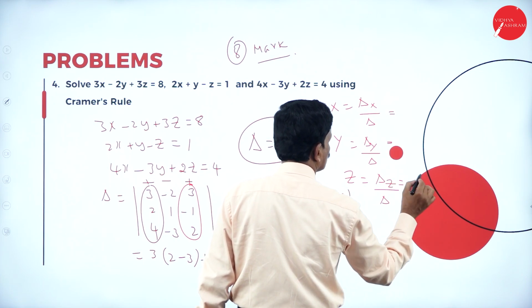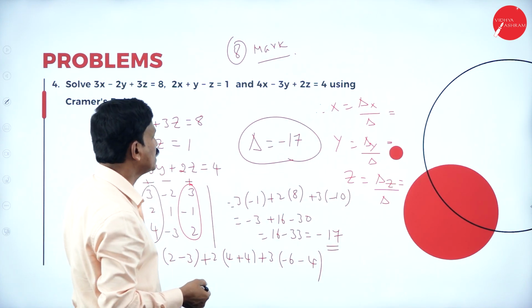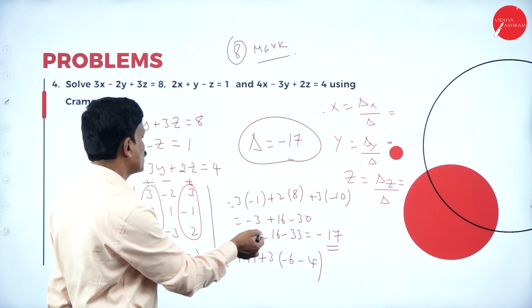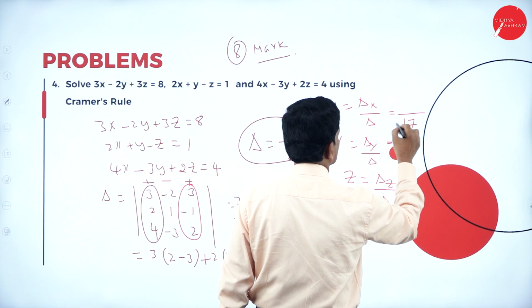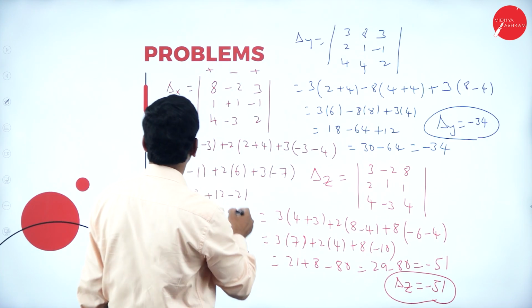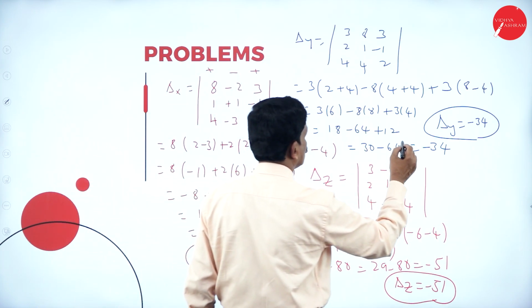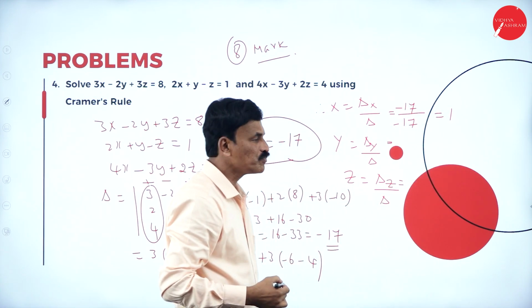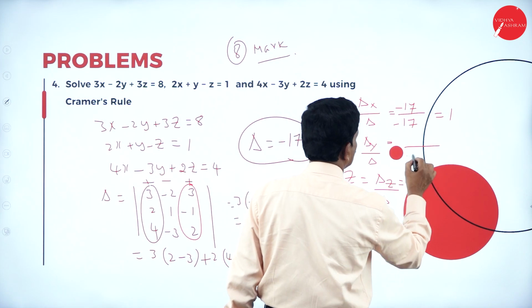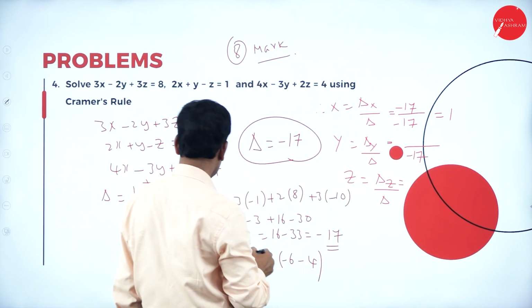Now, what is this equal to? Substitute the value of delta x. What is delta first? Delta is minus 17. What is delta x? Delta x is minus 17. So, minus 17 by minus 17 is plus 1. Similarly, delta is equal to minus 17. What is delta y?